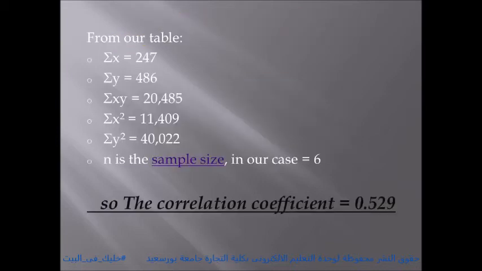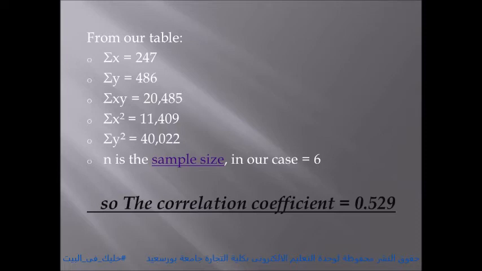So from the table, summation of x 247, summation of y 486, summation of x multiplied by y 20,485, summation of x squared equals 11,409, summation of y squared equals 40,022. Sample size, or n, here equals 6.